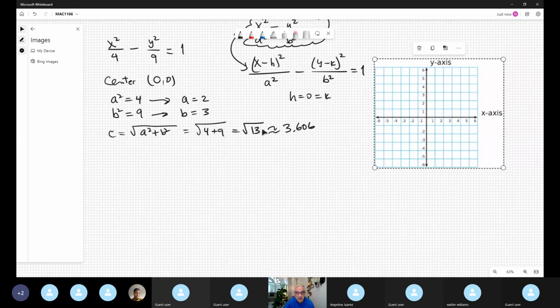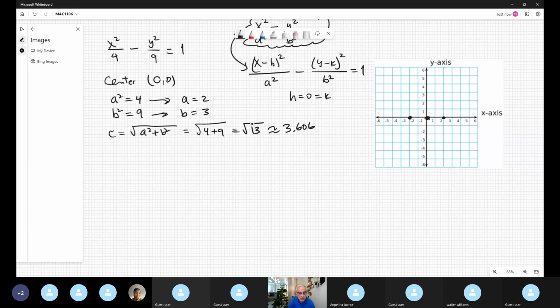Therefore, I plot the vertex. Okay, the center, sorry. The center is at 0, 0. It's the center of this hyperbola. But the vertices are at 2 and negative 2. This distance is a. 2, 0 and negative 2, 0.